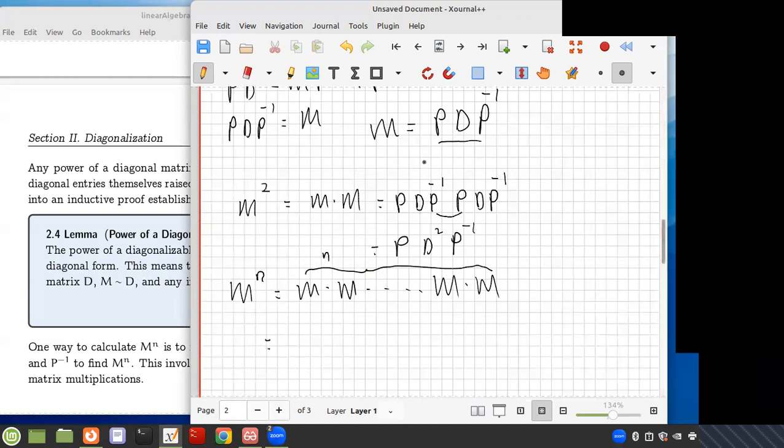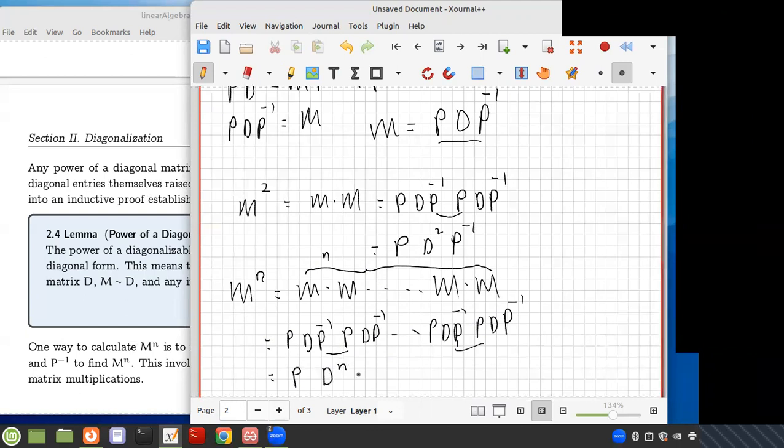And I'll do the same thing, put this in for each of them. So I have P D P inverse, P D P inverse, P D P inverse and P D P inverse. And you can see between each of the D's, you're going to have a P inverse P. So this is going to equal P times D to the nth power times P inverse.